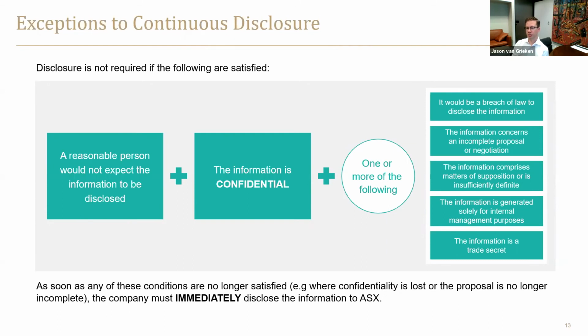The key one that we would deal with in an M&A or transactions context would be that the information is still insufficiently complete. Going back to the EB Equities scenario, it's clear that David Jones had only received an incomplete proposal. So at that point in time, I think there is a good argument that they would have been able to rely on the exception.